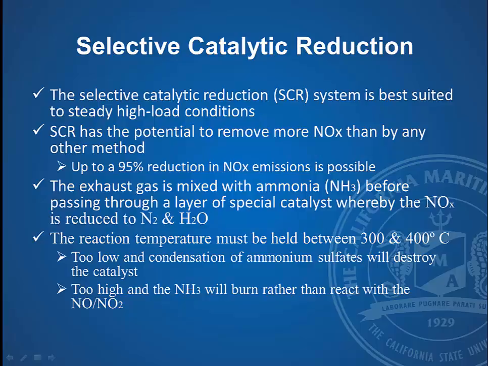It can again be NO2, NO3, and even NO4. So it reacts. The nitrogen is separated from the oxygen, and your output is H2O and pure nitrogen. And your ammonia would be that NH3. And ammonia many times is in the form of urea, and urea is a more dilute form of ammonia.